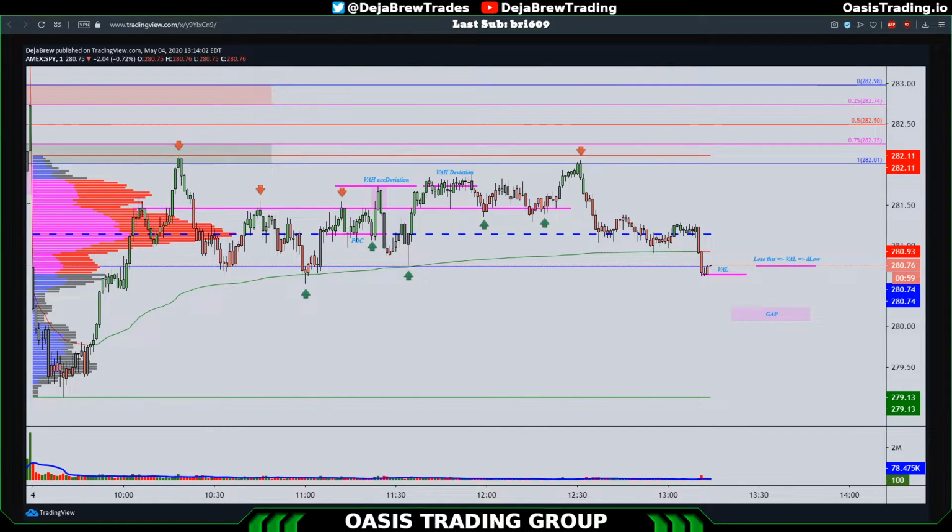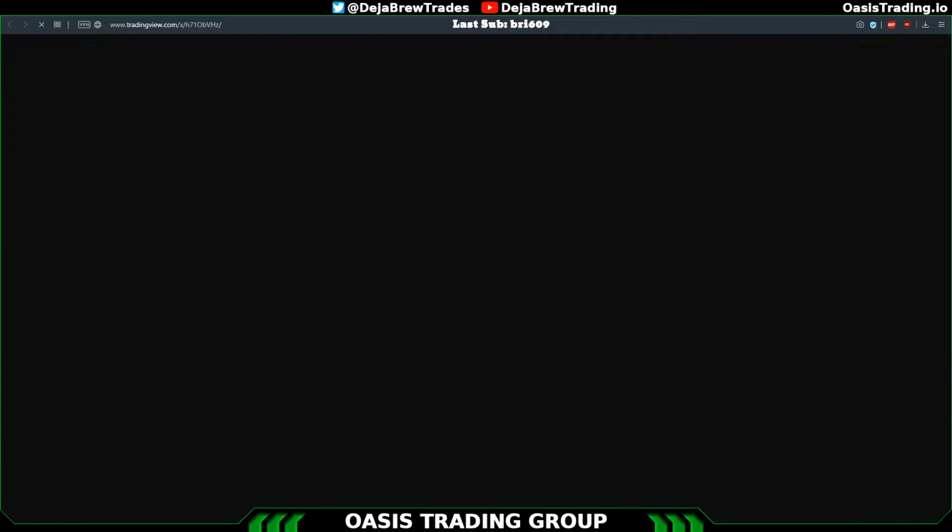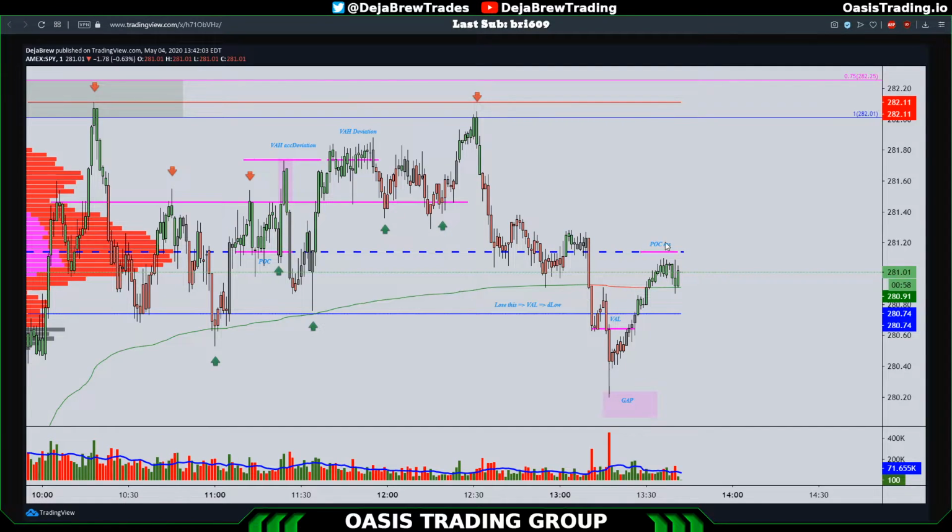We called out that gap as your next target. Here is that gap being tested. Once you reclaimed the value area high, there was the POC resistance that came in and front ran price a little bit. Now there's more screenshots in between these, but I'm not grabbing every single screenshot because there's just too many.